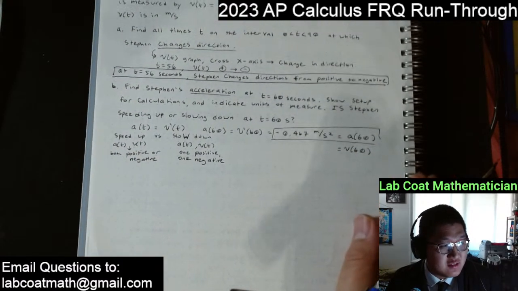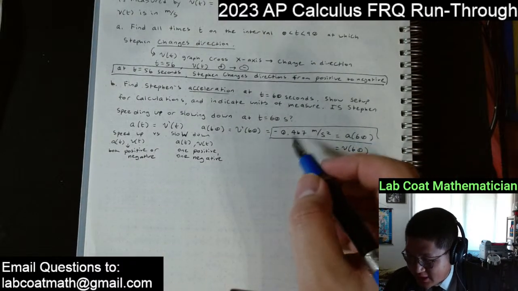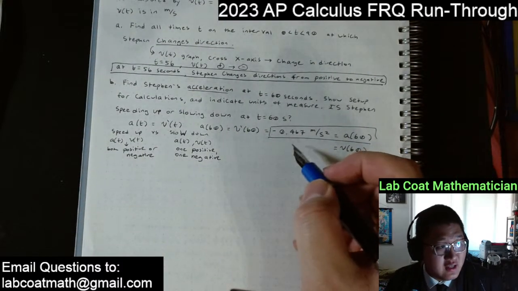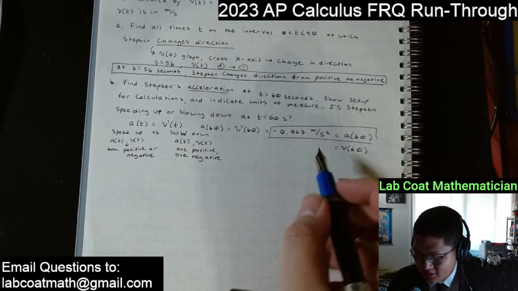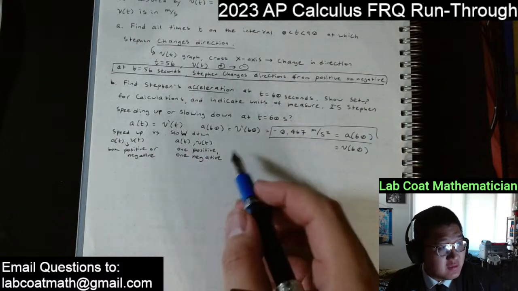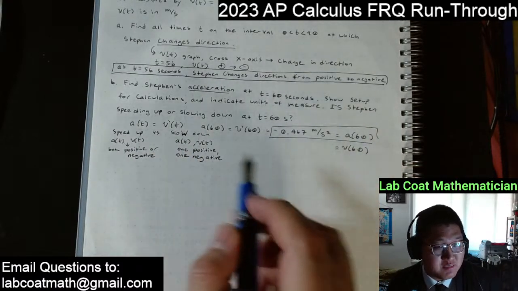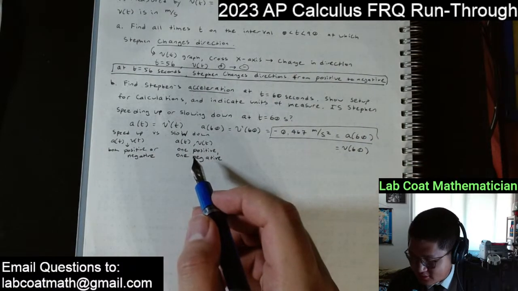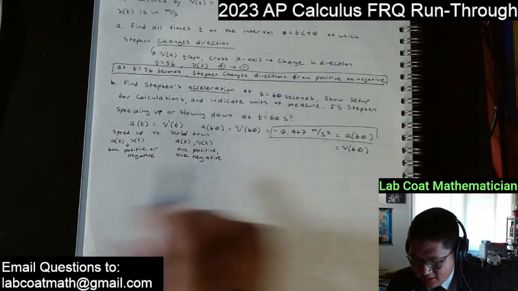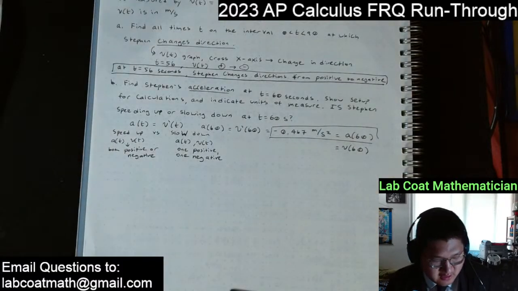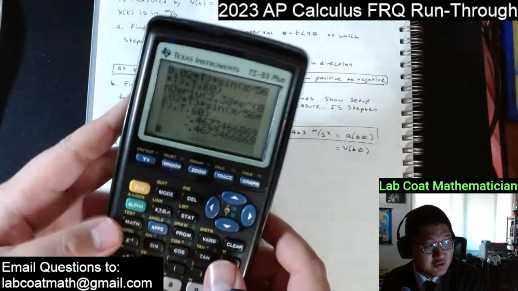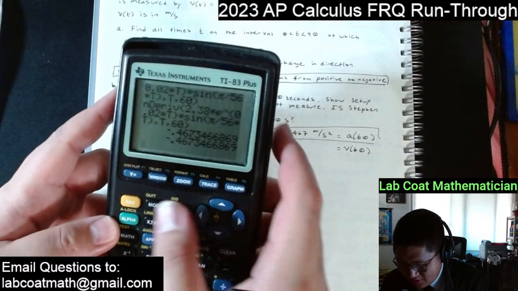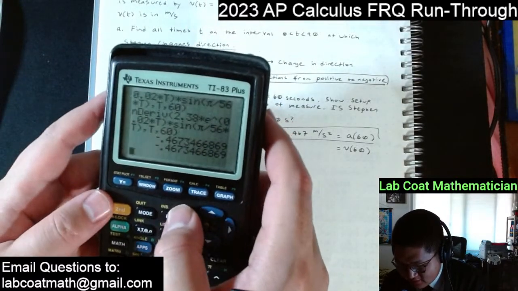Okay, so going back to it though, if you want a quick recap, if any information was lost here, we were going over the speed up and slow down evaluation for that specific acceleration at 60 seconds. And so we need to know the velocity at 60 seconds, so we can either plug it in, or thankfully, because we already graphed the function, we can actually look at the table here.